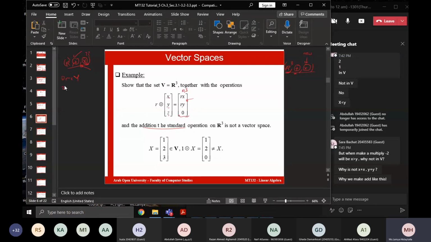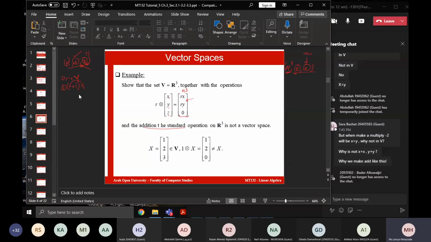Number 2: if you have r plus s times v1, it is the same, you can distribute it the same as that one. Yes, it's the same. Why?